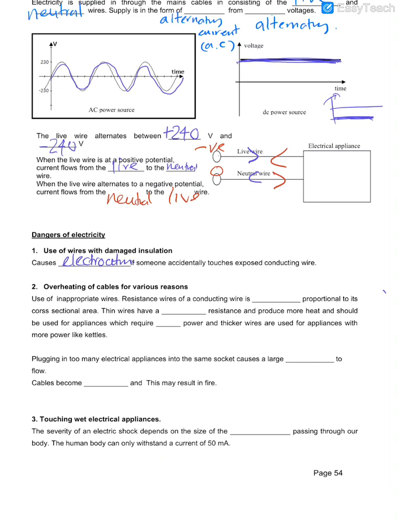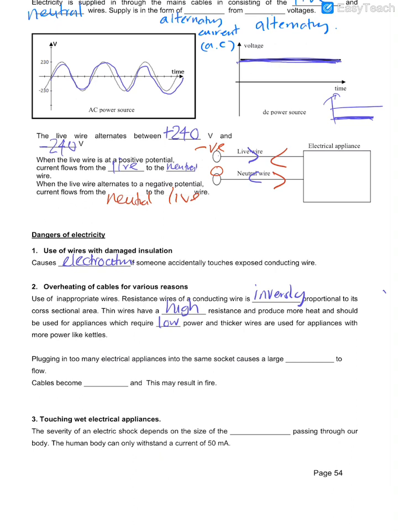Okay, now this one I actually explained, overheating of cables. Resistance of a conducting wire is inversely proportional to its thickness. So thin wires have a high resistance, very high resistance, and produce a lot of heat, and should be used with appliances which require low power.